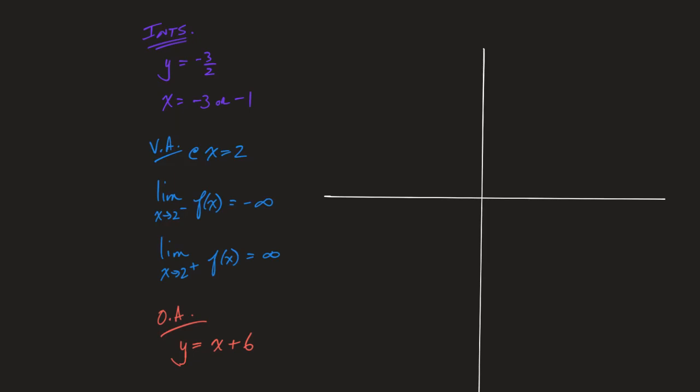So, with all of those things in mind, I'm going to choose based on the largest value. When I take a look at that oblique asymptote, I've got that y-intercept of 6. I might say that maybe this is 6 on my y-axis.